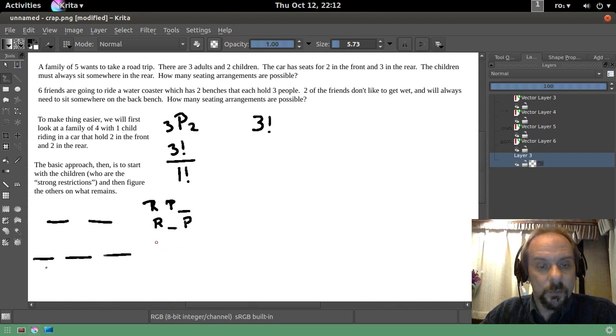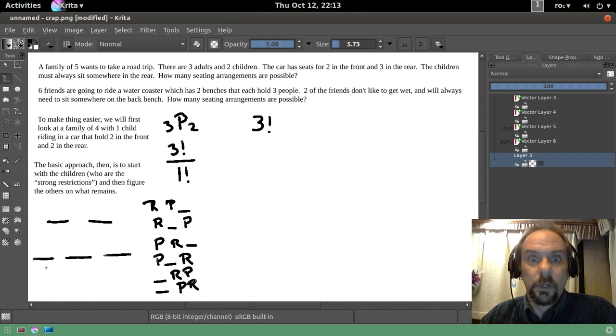We can then switch Paul to the front and have Paul, Robert, and nothing. Then Paul, nothing, and Robert. Moving to the other side, we have nothing, Robert, and Paul, and then nothing, Paul, and Robert. So we can see that this 3 factorial, which is 6 possibilities, really does work out.